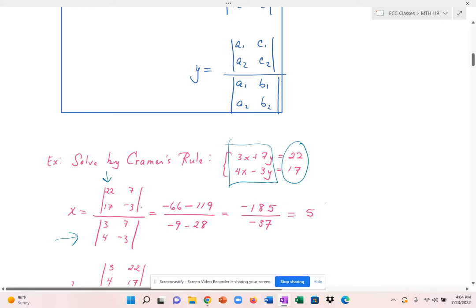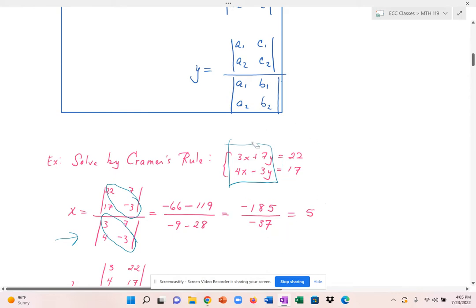On the top, it'll be 22 times -3 minus 17 times 7. So I get -66 minus 119. And then in the denominator, it'll be -9 minus 28. So this becomes negative 185 divided by negative 37. So my x value is 5.